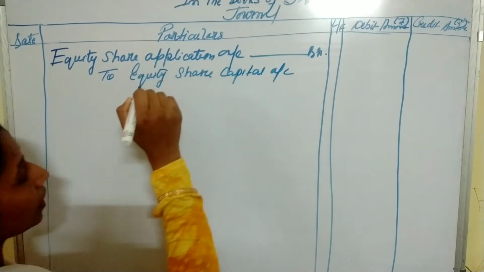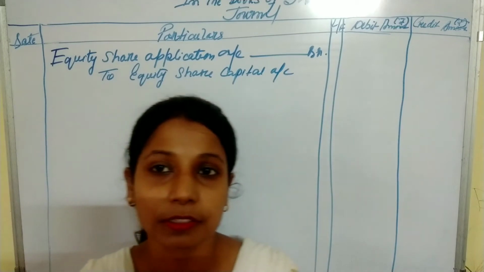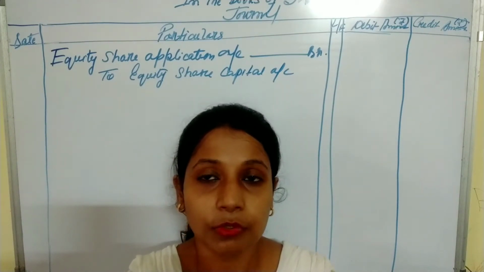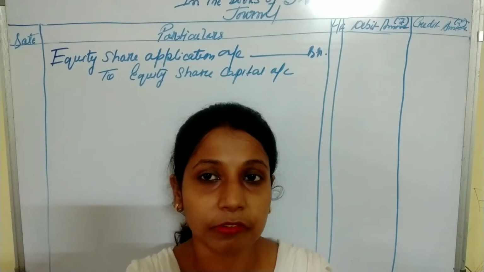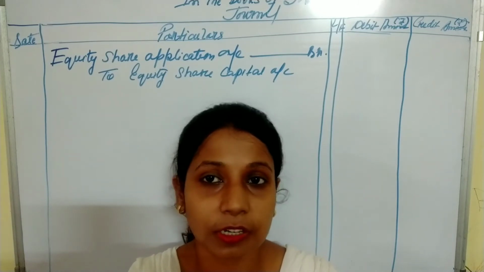Now the company has offered the public 7,000 shares and the public has subscribed for 11,000 shares. So the excess 4,000 shares are rejected and refunded by the company. The remaining 7,000 shares are to be transferred to the share capital account.